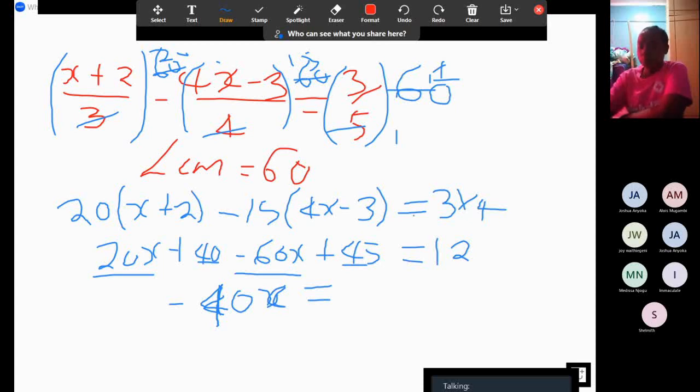We have 85. Taking 85 to the right-hand side, it becomes negative.